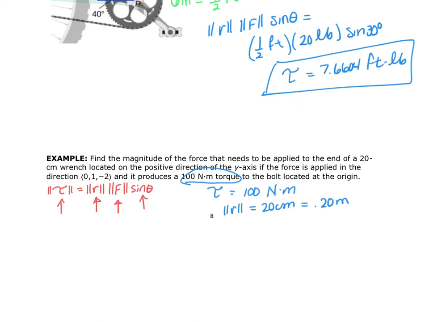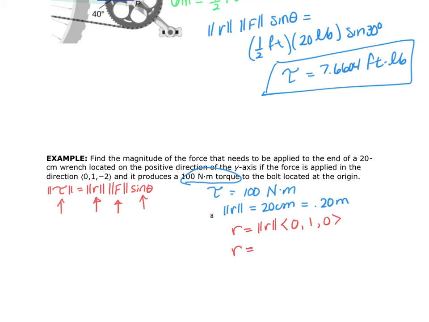So this is the magnitude of my wrench. The direction of my wrench is the positive y-axis. So that tells me that my wrench is going to be equal to the magnitude multiplied by the unit vector in the y-axis, which is 0, 1, and 0.